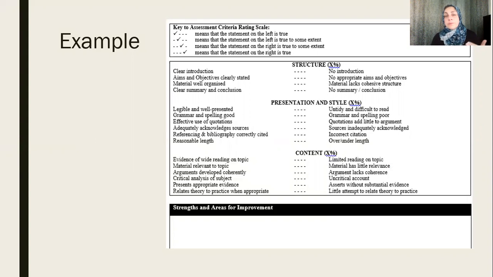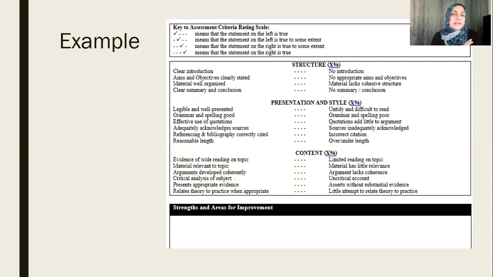So for example, in the structure part, if there is a clear introduction, then the student deserves 10% of the mark, for example. If the aims and objectives are clearly stated, then the student will take another 5% of the mark, etc., etc. This is what we call assessment criteria.